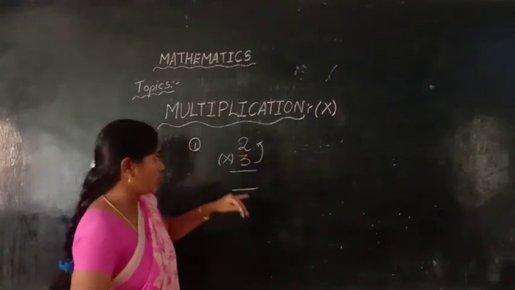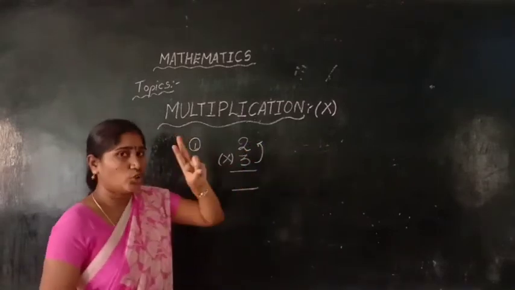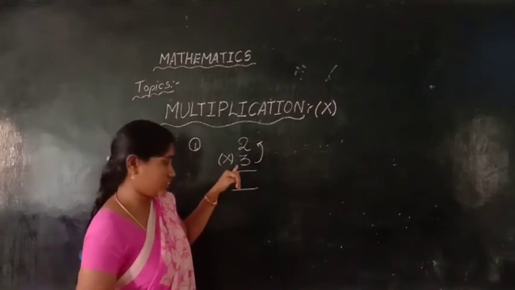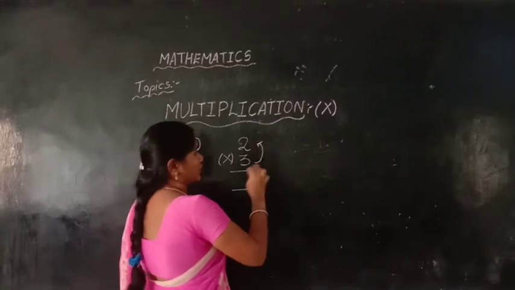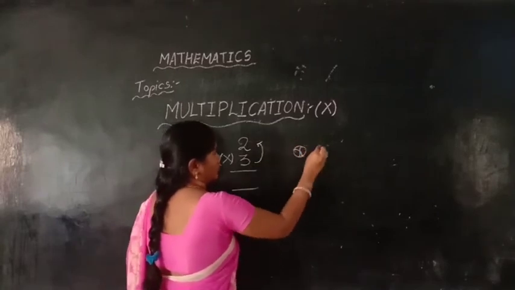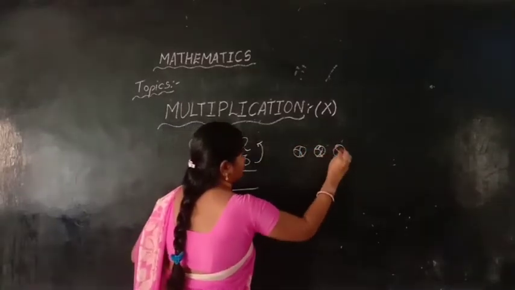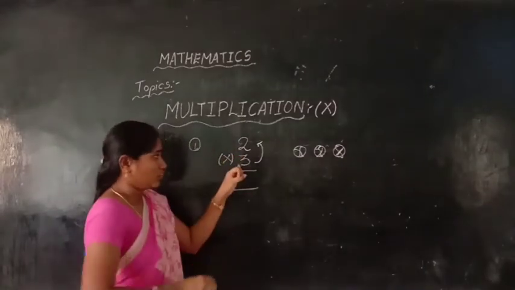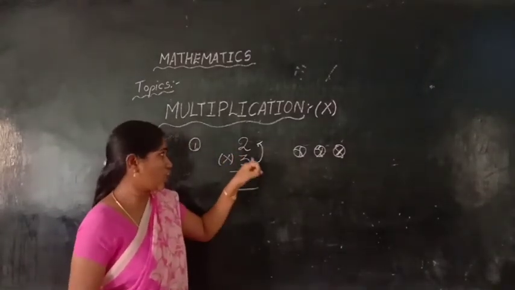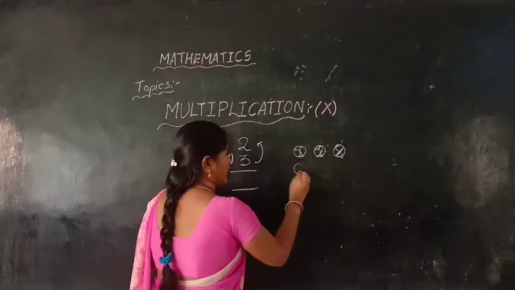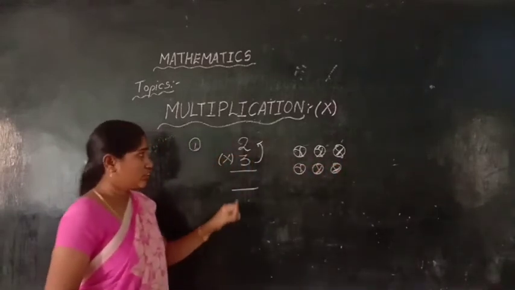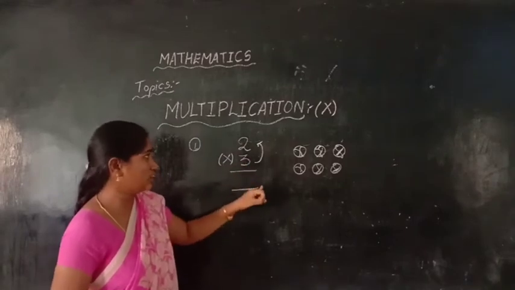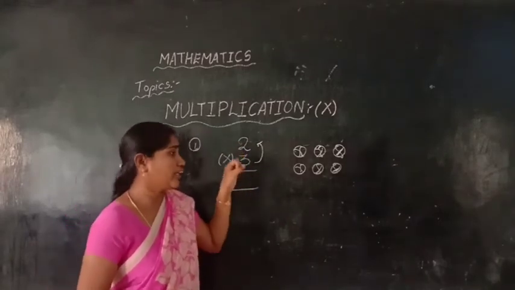That means we take 3 two times. For example children, 3 balls and 3. How many times will we take now? 2 times. Again we will take 3 balls. Okay. 2 into 3. That means 2 is multiplied by 3.